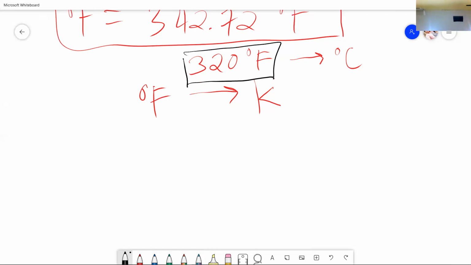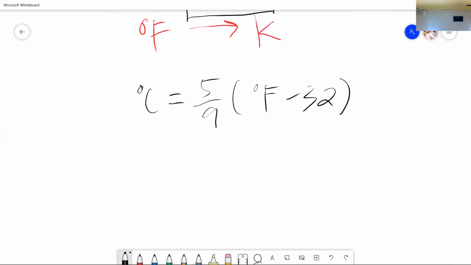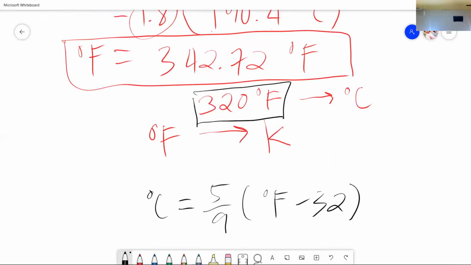So first, degree Celsius is equal to 5/9 times degree Fahrenheit minus 32. Okay, so let's substitute degree Fahrenheit, 320.